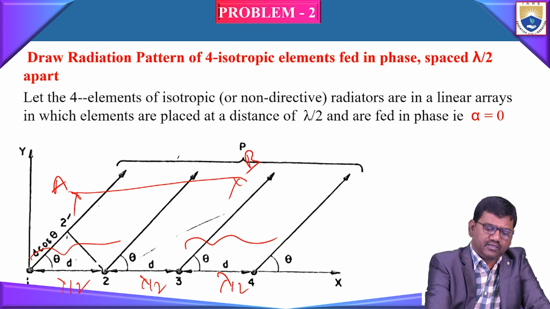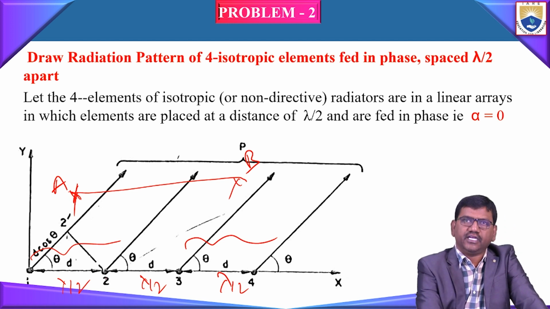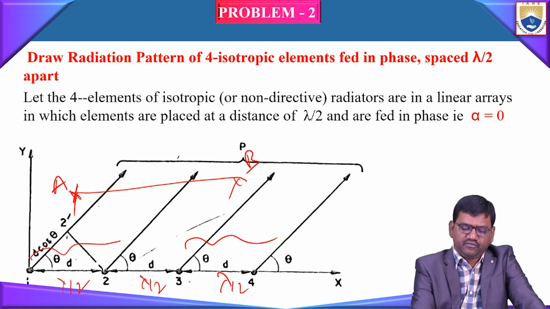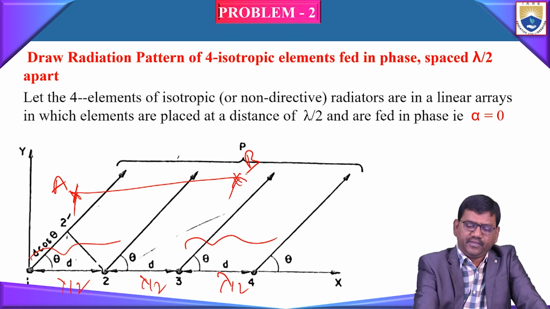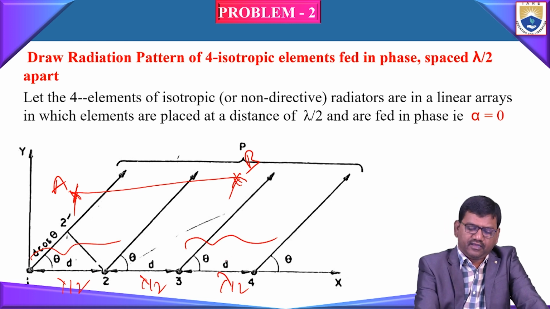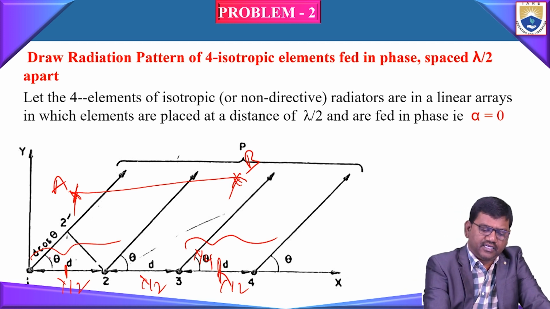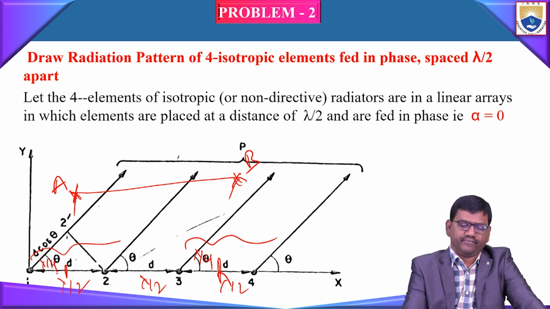Now we have marked a point A exactly at the midpoint of 1 and 2 here. Here also we are marking the point B exactly at the midpoint of 3 and 4. So exactly at the midpoint the length will be lambda by 4.